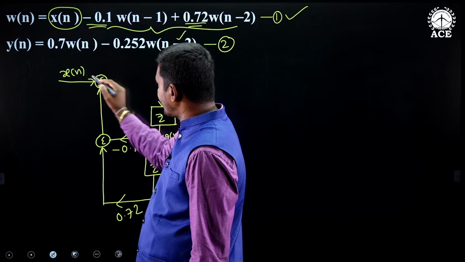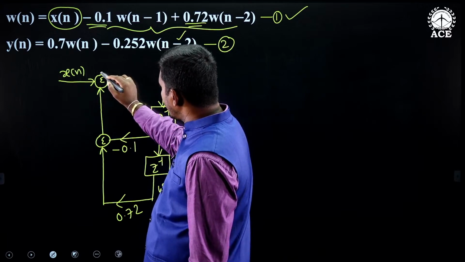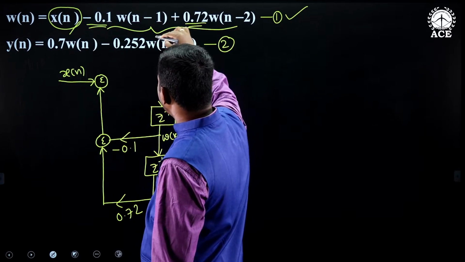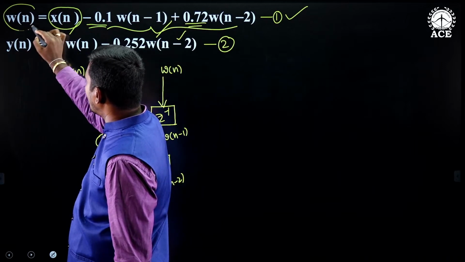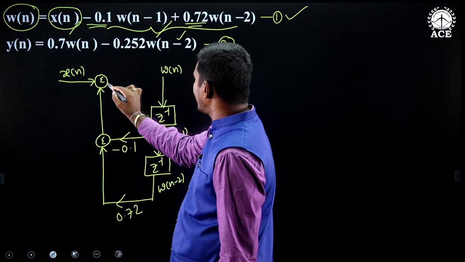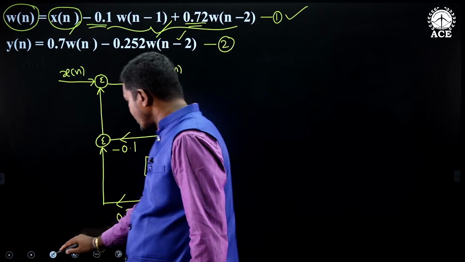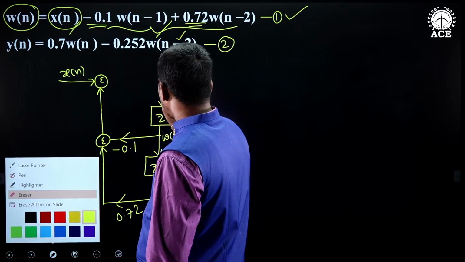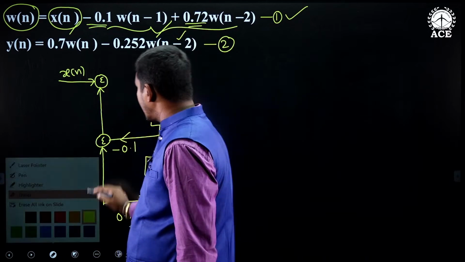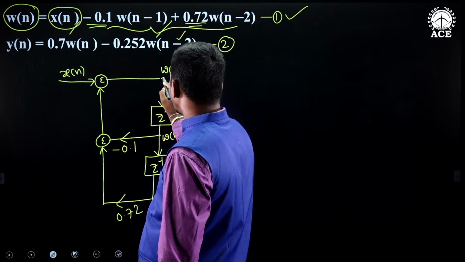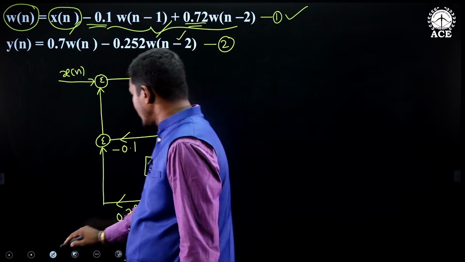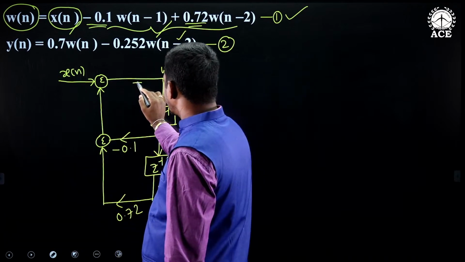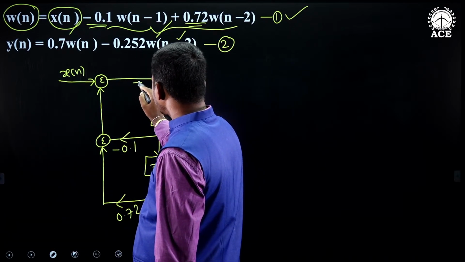And from this x of n, it is going to add both. If I add this one and this one, what am I going to get? W of n. So add a line like this, and here you are going to get W of n. Understood?